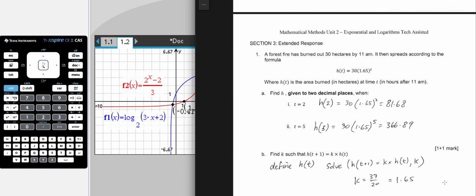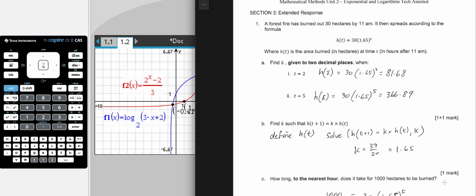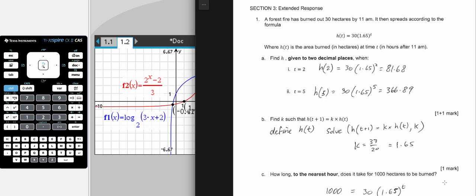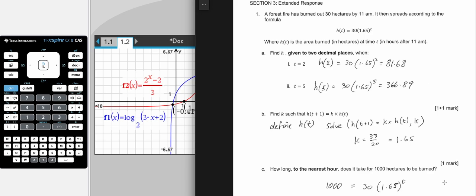If we go to the third section, which is extended response, we have been given a formula. All you need to do for the first two is substitute T equals 2 into the formula to get 81.868, and then substitute T equals 5 and get 366.89.